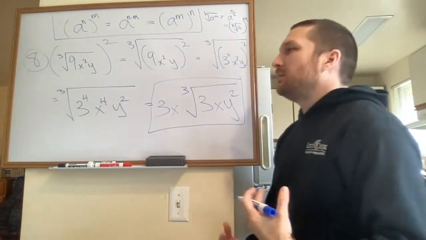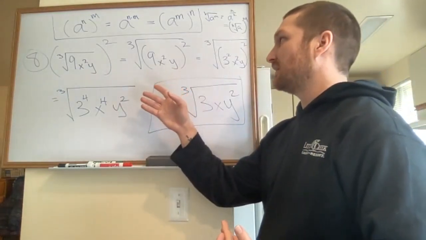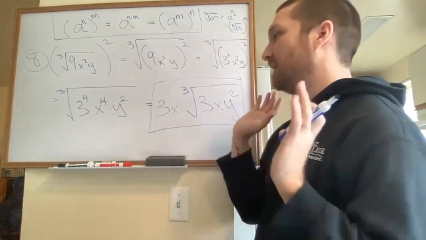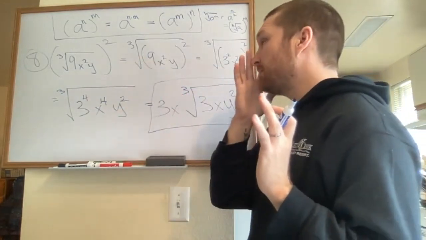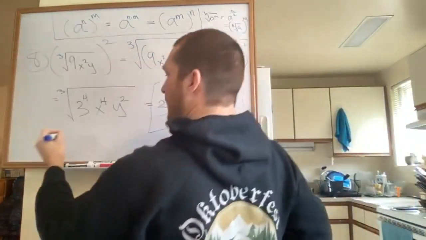It's really confusing to me when it says do this 2 different ways. I can't think of another way to do this. Maybe I'm just slow. Oh, you know what it probably wanted you to do is take this and square it.